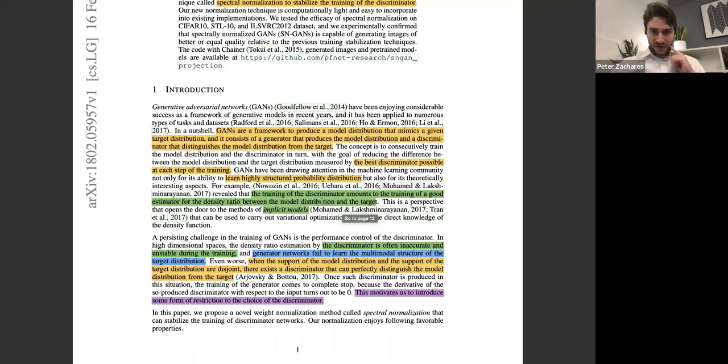So I think it says it over here. Well, here it says GANs are a framework to produce a model distribution that mimics a given target distribution, and it consists of a generator that produces a model distribution and a discriminator that distinguishes the model distribution from the target distribution. But you take turns training the discriminator and then the generator.